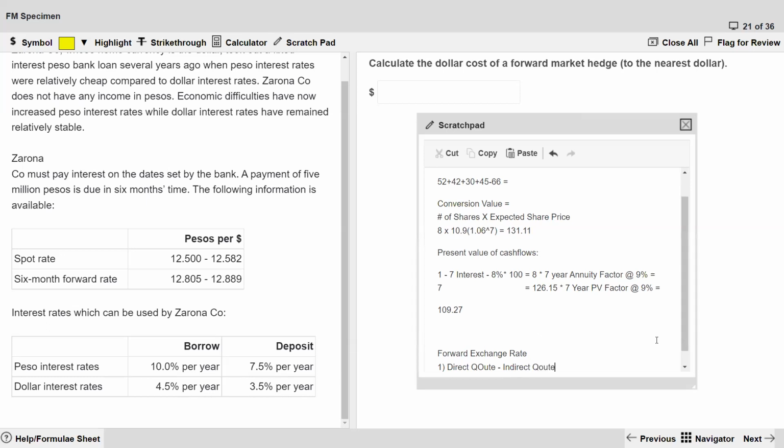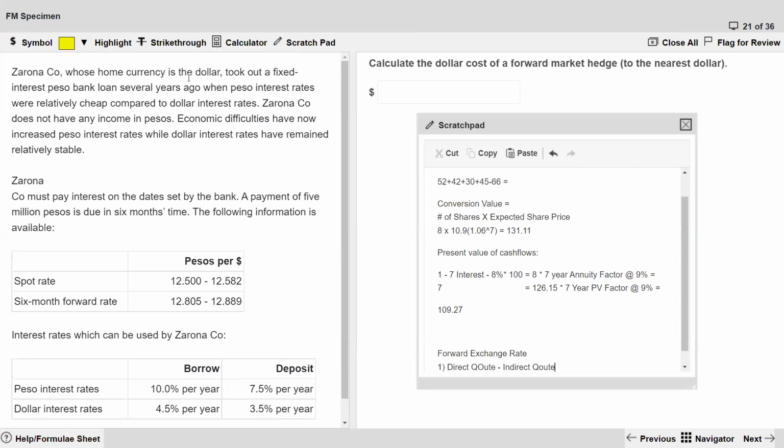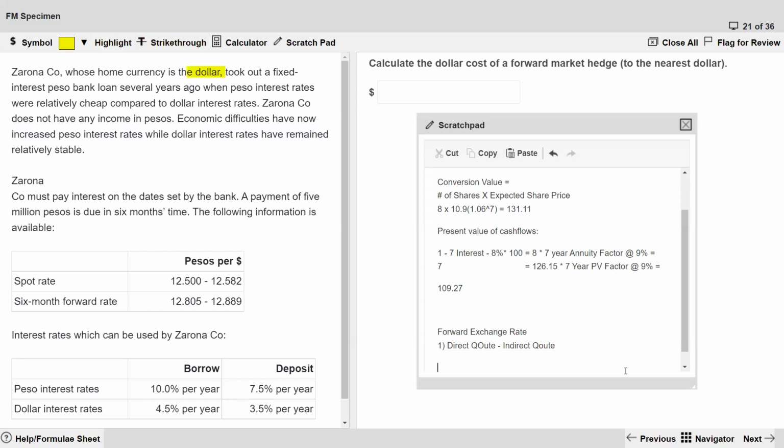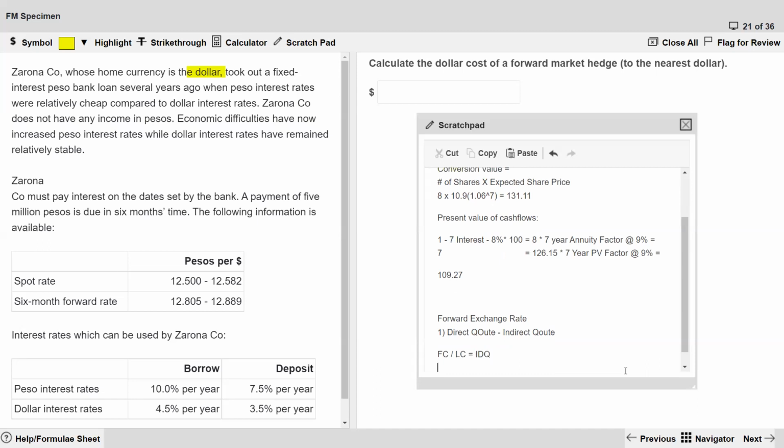Zarona's home currency is the dollar. This means the exchange rate is foreign currency divided by local currency, so it's an indirect quote. The second thing you have to understand is what it is that you wish to do as an entity.